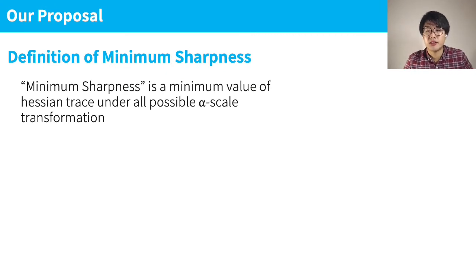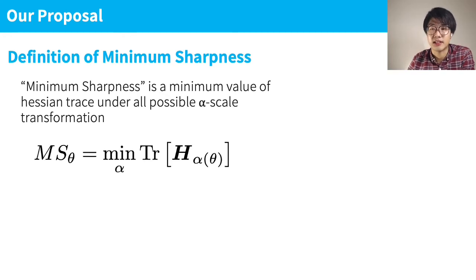Here's our proposal. To circumvent the scale sensitivity, we propose minimum sharpness, which is defined as the minimum of the Hessian trace under all possible alpha scale transformations, which is formally defined like this. By its definition, minimum sharpness is invariant under alpha scale transformations.